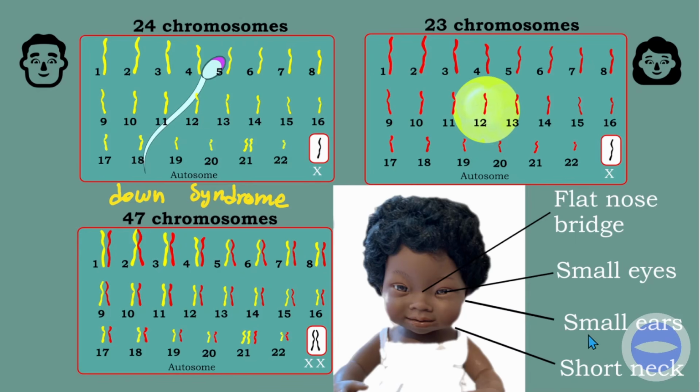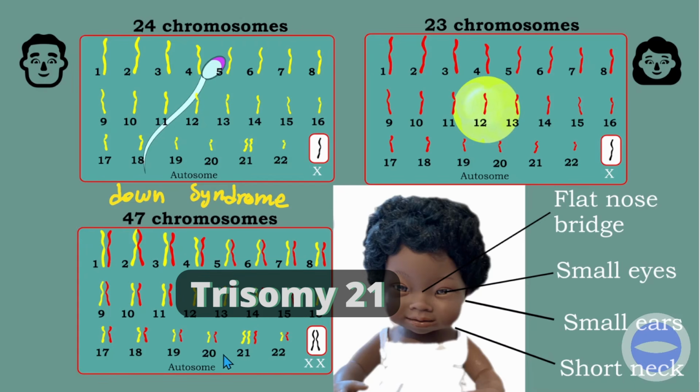You don't have to know this. You just have to know that a person with an extra chromosome at 21 will end up with Down syndrome, or trisomy 21. So we call it trisomy 21.